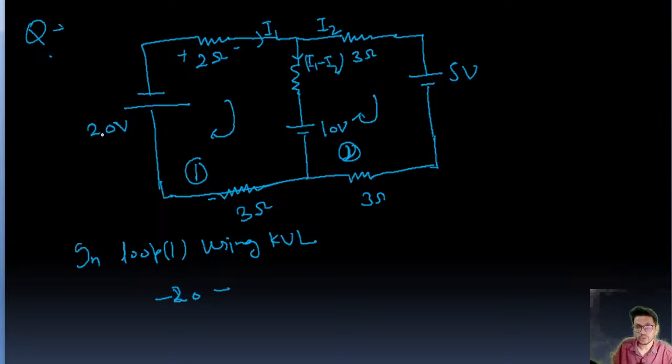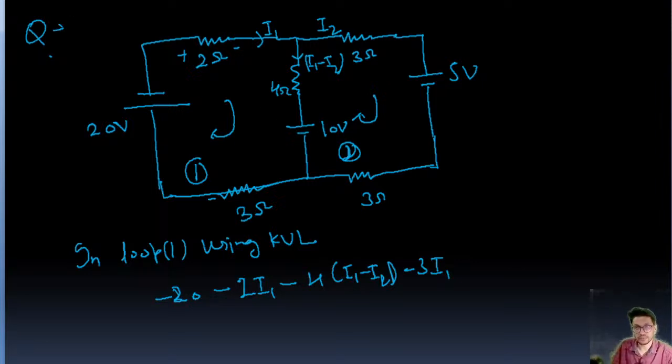So in this loop this is going to be minus 20 minus 2I1, minus 4 ohm guys, so this is going to be 4 into (I1 minus I2), and again minus 3I1.